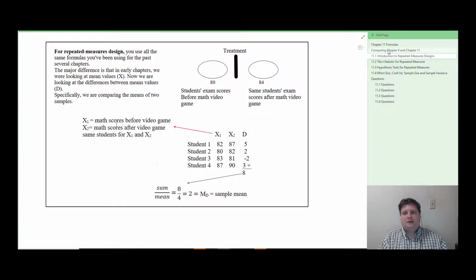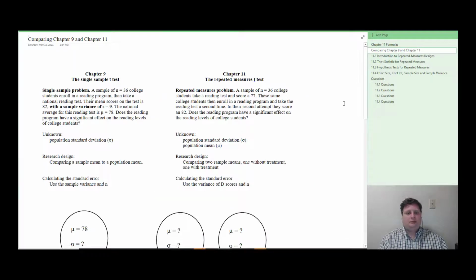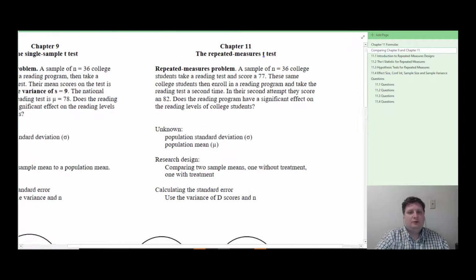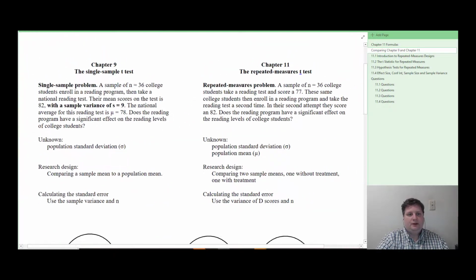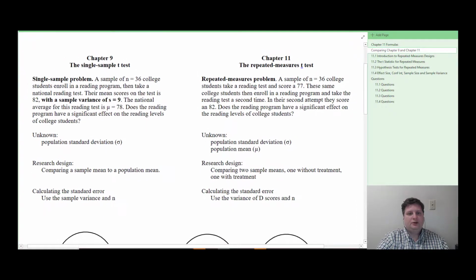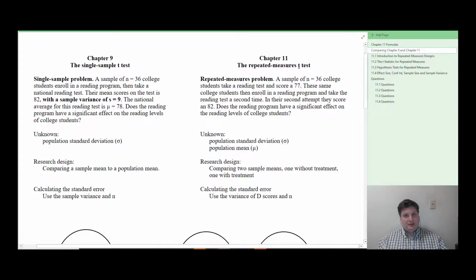Let me go through an example here. I'm going to show you a problem in chapter 9, and then how that problem would look in chapter 11. And you can see it's almost the same with just a few differences. So chapter 9, we had the single sample t-test. So we had one sample.